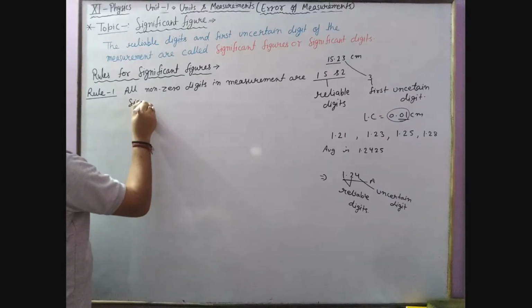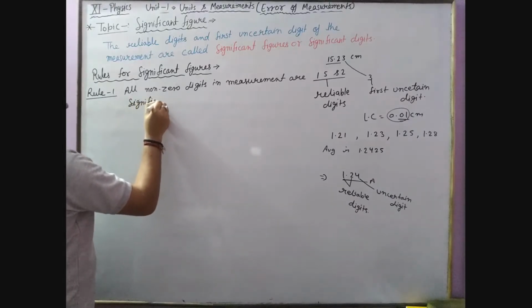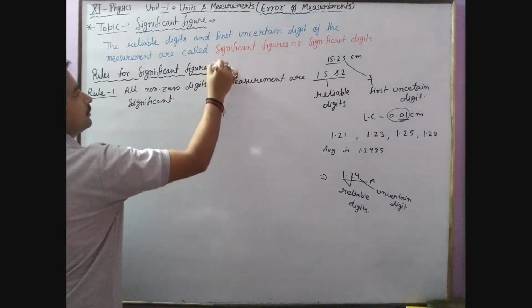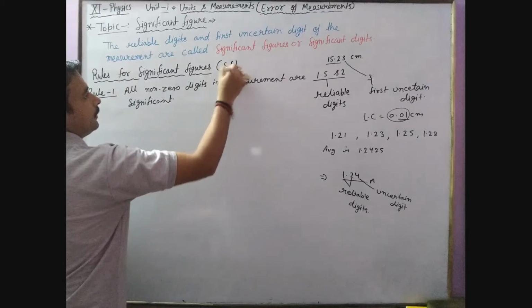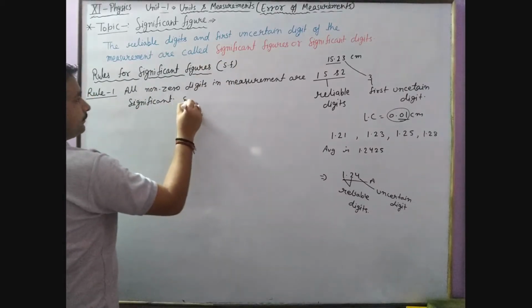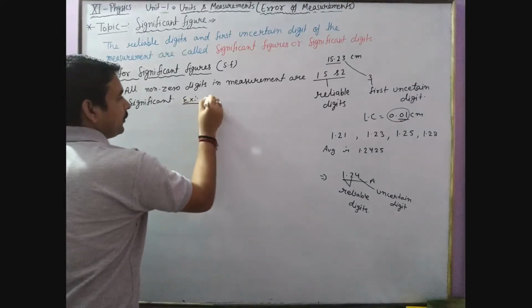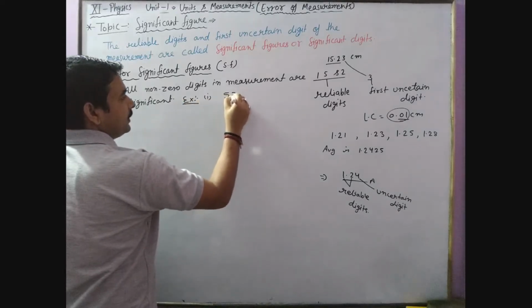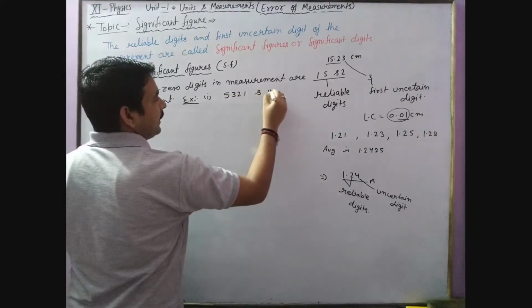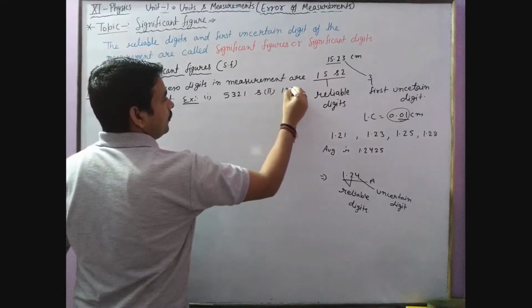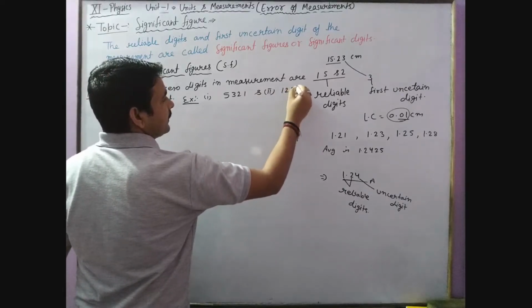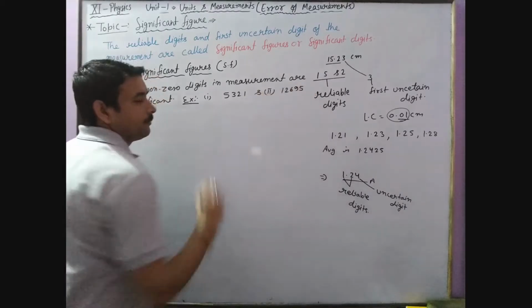Okay, for significant figure we can use the abbreviation SF. For example, first we have 5321, and second we have 12016 95.